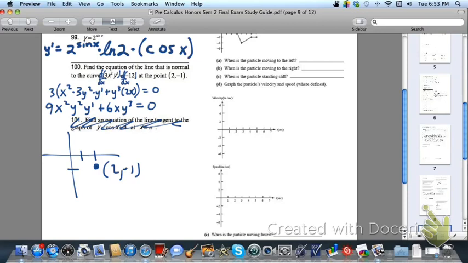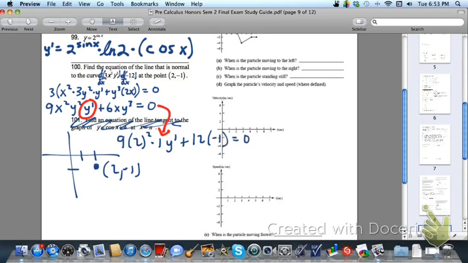Well, if we want to find the slope of the tangent line, you can see that y prime in here is dependent on not only x but also on y. So we're just going to take this equation and replace x with 2. So we get 9 times 2 squared multiplied by, we're going to replace y with -1, so y squared is 1, and then multiply by y prime, plus 6 times 2 is 12 times y cubed, that's -1, and that's equal to 0.